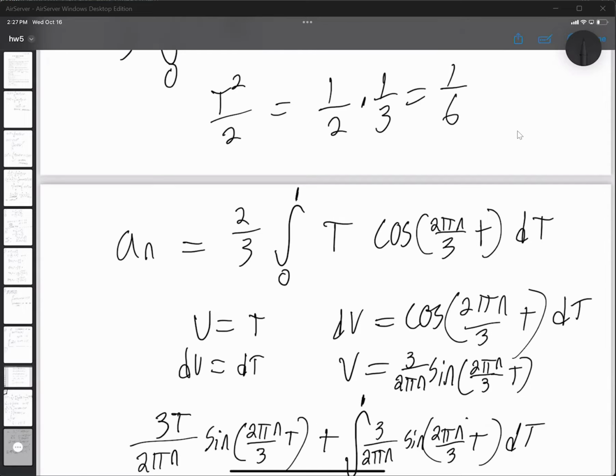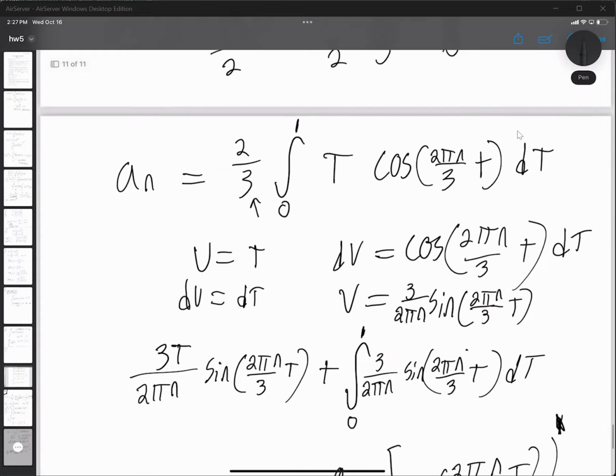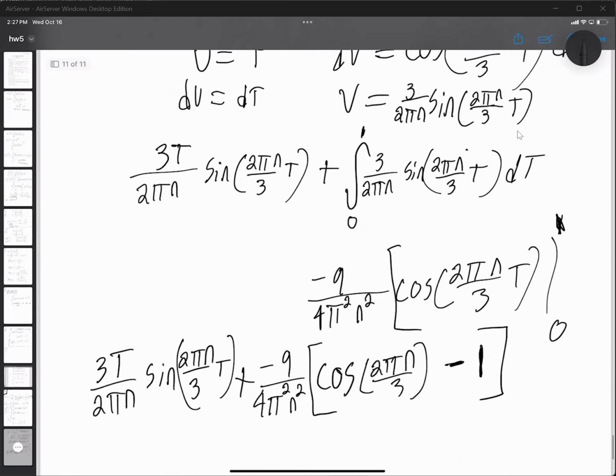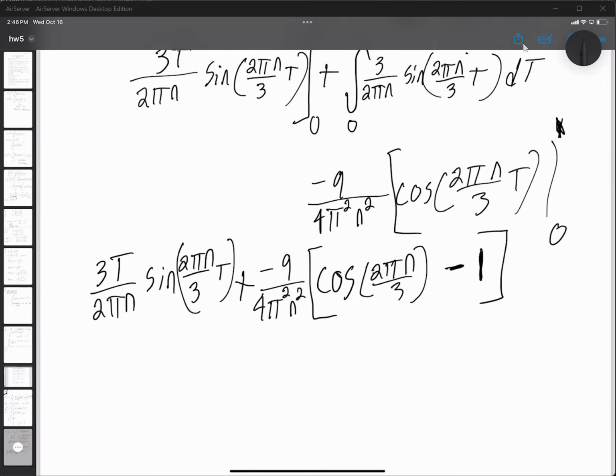Now we're doing the even function. We have the period on the bottom, which is this 3. 2 divided by 3. And then we have x of t here, multiplied by cosine of n w naught times t. W naught is 2 pi over 3. And then we're going to do integration by parts. You can just double check with my work if you do this. And then we get to the bottom here. And it's important to evaluate, I forgot to evaluate this integral here from 1 to 0.